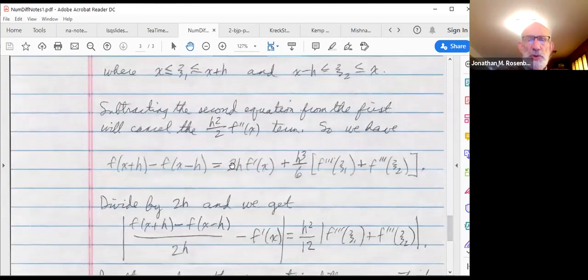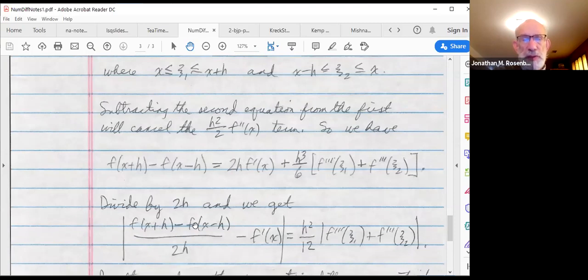So if you divide by 2h now, that tells you that this difference quotient, this is what's called the symmetric difference quotient. It's the value between f a little bit bigger than x and f a little bit less than x. And notice the symmetry around x.